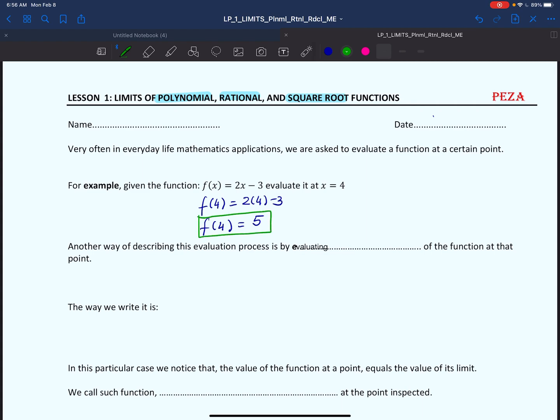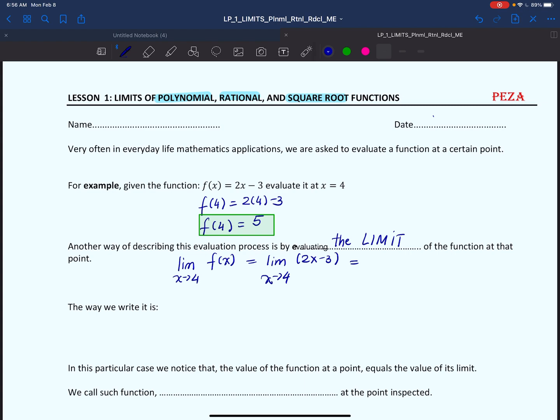Now this evaluation process is also described as evaluating the limit of the function at a point. So I'll write it down here. The way we write it is this: the limit as x approaches 4 of f of x equals the limit as x approaches 4 of 2x minus 3.